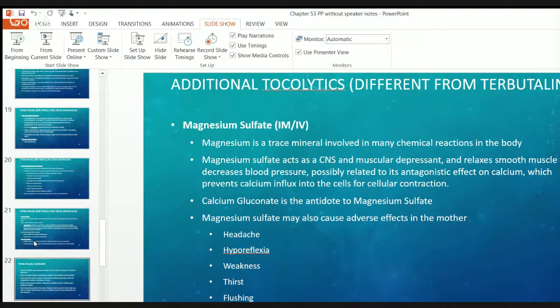So when we look at it, magnesium sulfate may also cause adverse effects on the mother, such as headache, hyporeflexia, weakness, thirst, flushing, and burning at the infusion site is a common complaint. Again, they're very, very hot a lot of times with that flush feeling.